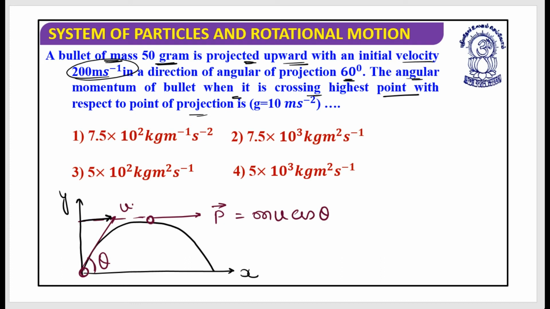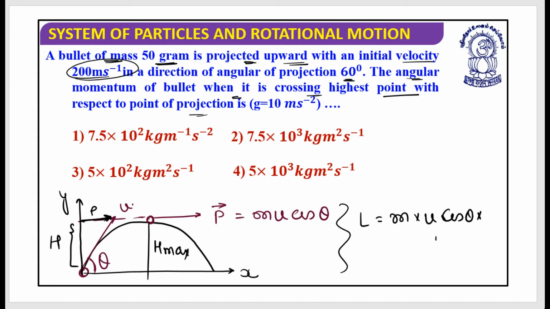So this is the perpendicular distance, and that is the h max for me. Angular momentum L could be written as m into u cos theta multiplied by h max. This will give me the angular momentum with respect to origin. Have you got this? Yes.